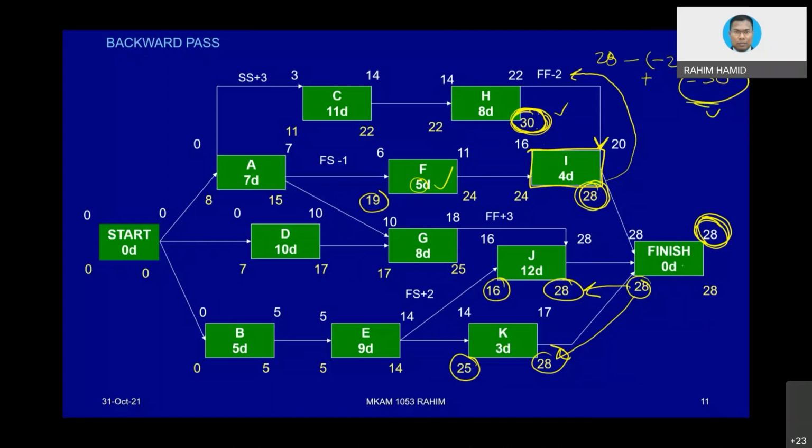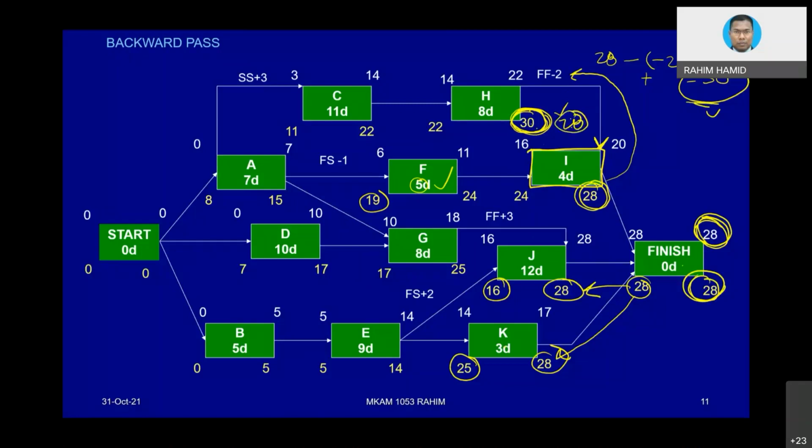But remember, when we do backward pass, we must evaluate which one is the least value. And perhaps we forget another least value that we must consider, which is this value, 28, because the project cannot go beyond 28. So between 30 and 28, the least value is 28.